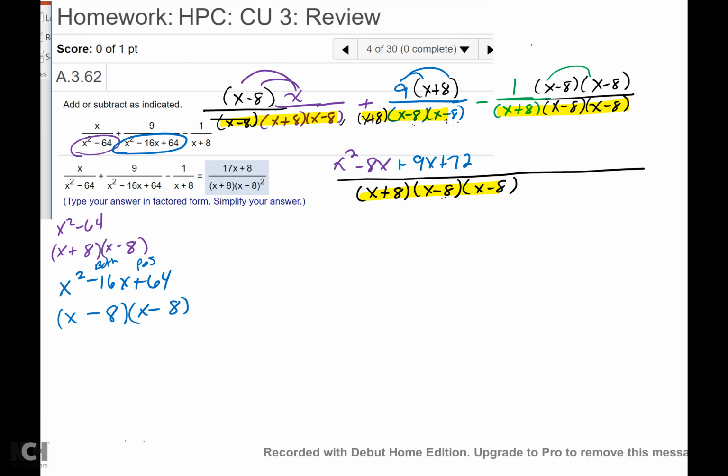I'm going to have x squared minus 8x plus 64. And then I have to subtract all of that, which this would be x squared minus 16x plus 64. But again, I have to subtract that, so that's going to be minus x squared plus 16x minus 64, because I have to distribute the negative.